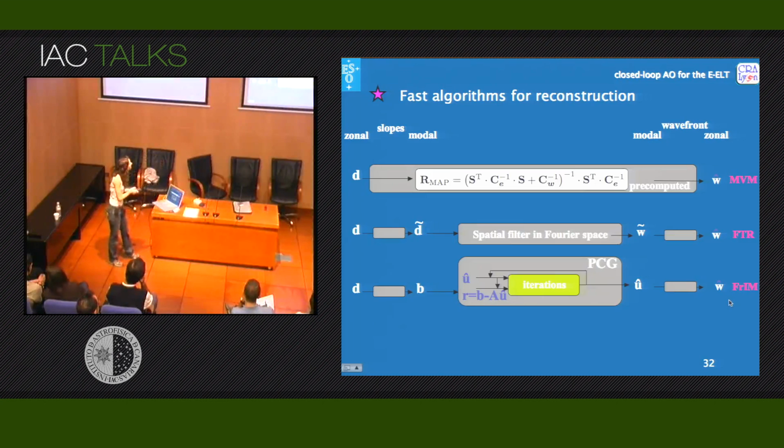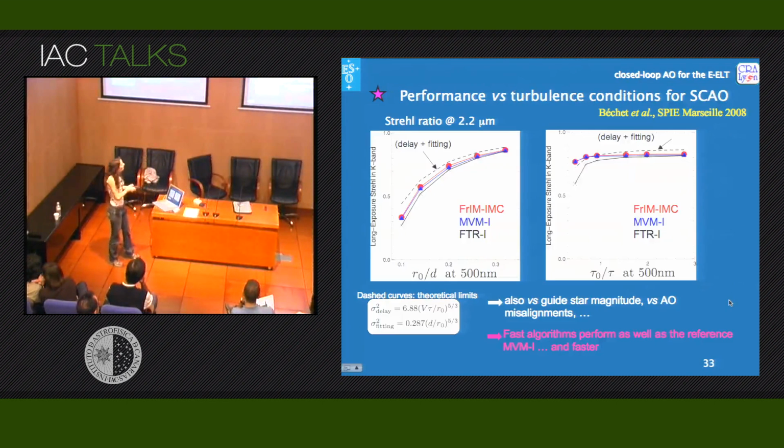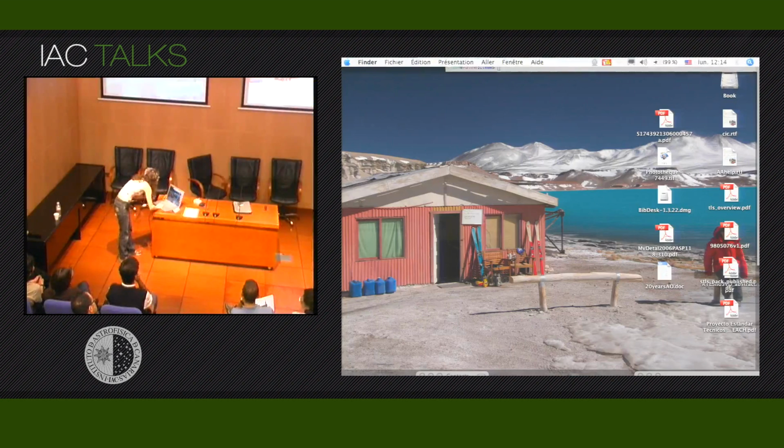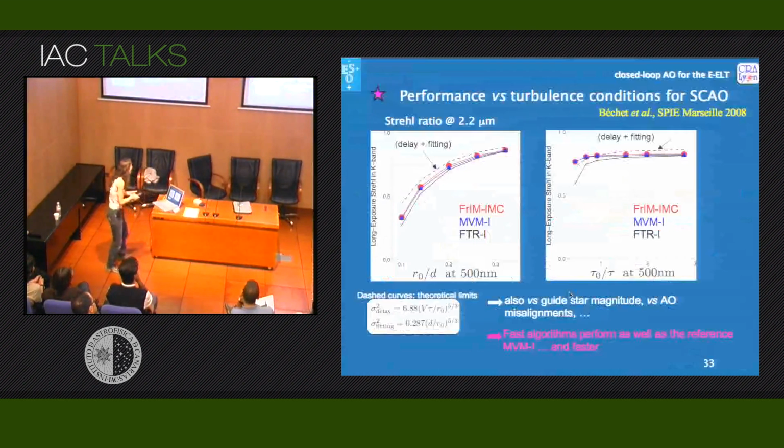And if we just plot the limits, theoretical limits, with dashed line, which is just the delay of the system and the fact that we cannot correct for an infinite precise wavefront, but just at the precision of the deformable mirror actuator space, which is the fitting, then we see that we are very close to this limit.